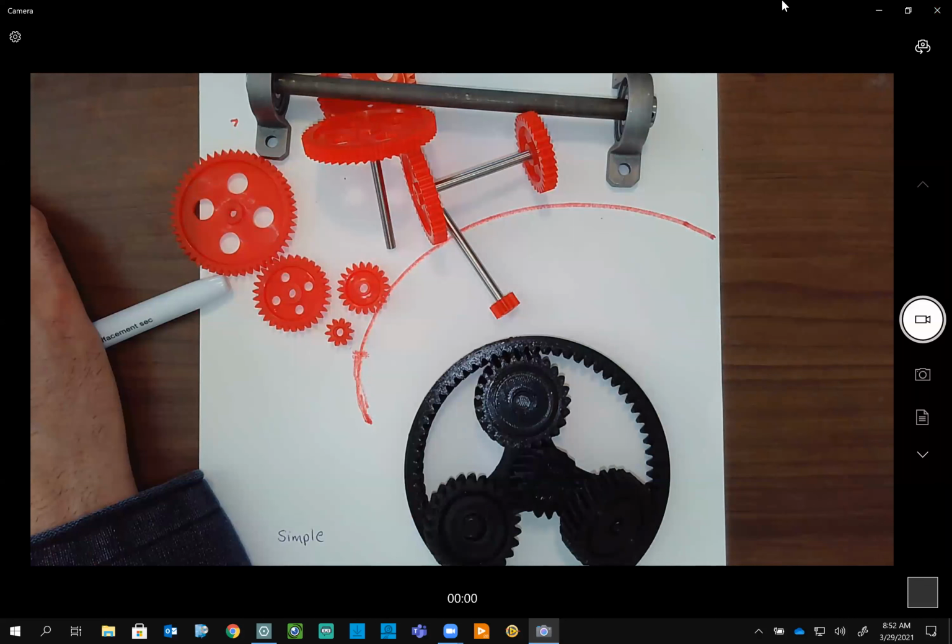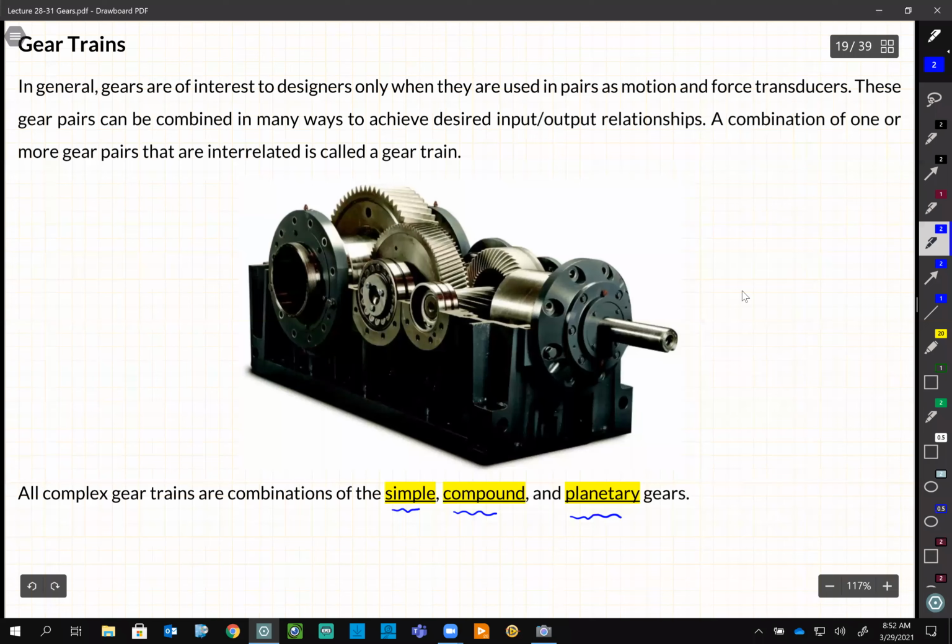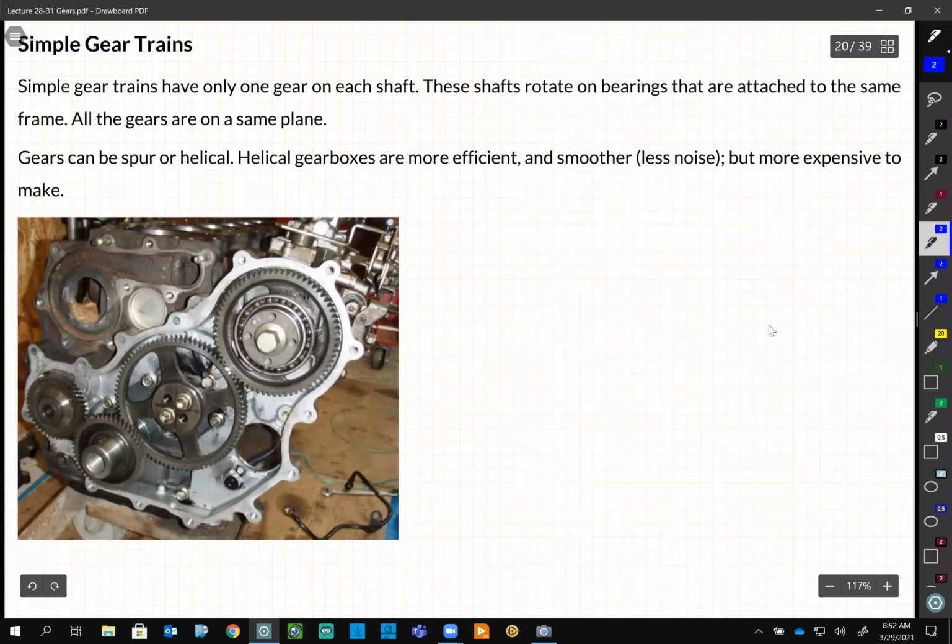Let me move back here. And please review this lecture. From Wednesday, we will do calculations for each of these 3: simple, compound, and planetary gear. And please do a little bit of Googling, maybe on YouTube, and see.